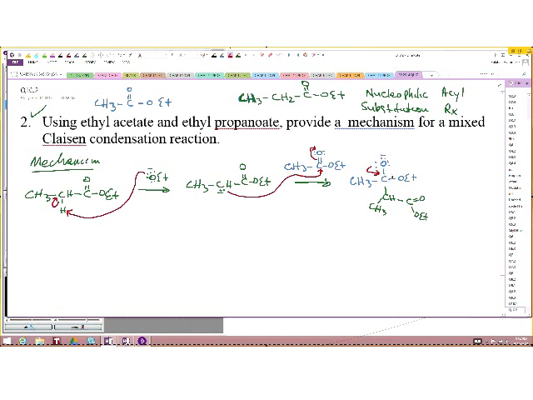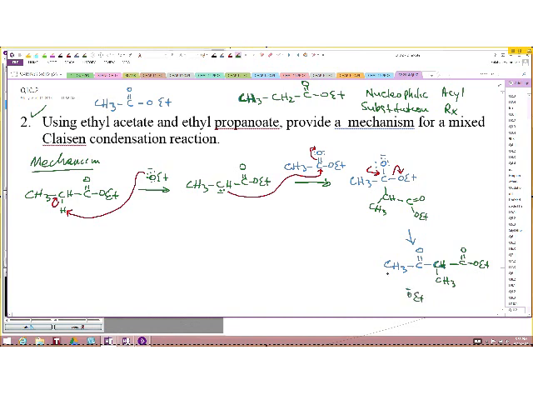In this case, we'll break the bond to oxygen, release the ethoxide, so now we form this, plus ethoxide is formed right here.